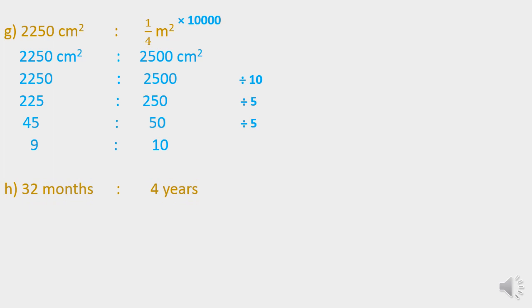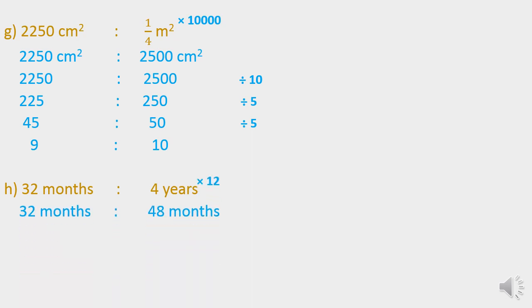Another example, 32 months to 4 years. We can convert from years to months by multiplying the years by 12, because the year has 12 months. 4 multiplied by 12 equals 48.